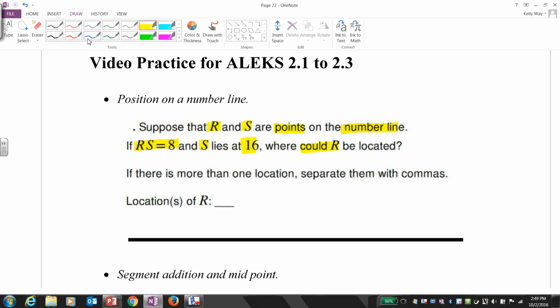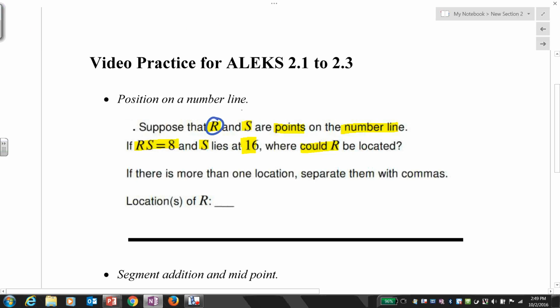So let's put the information that we have here. R and S are points on a number line. We're told the position of S, so let's plot S. It's at 16. So over here would be somewhere 0, and then you have your negative side of the number line and your positive side of the number line.